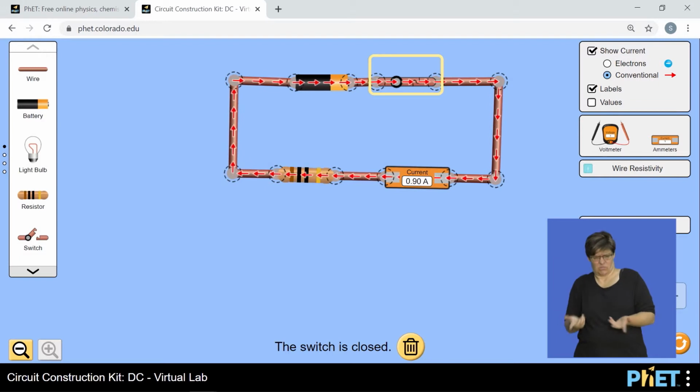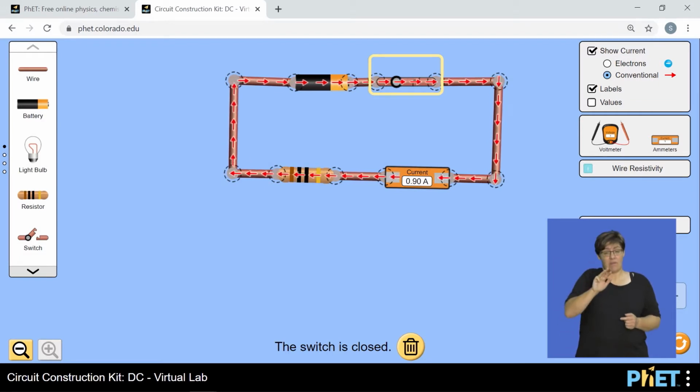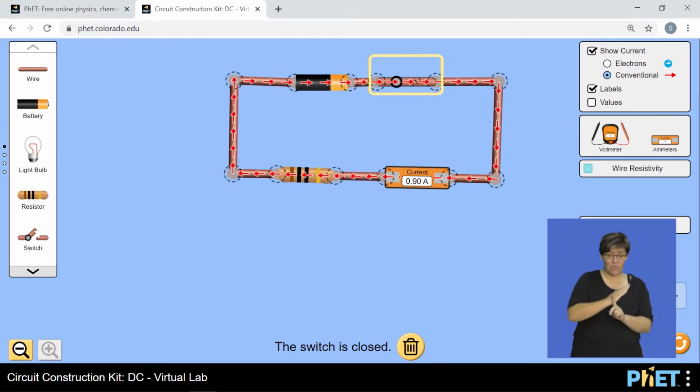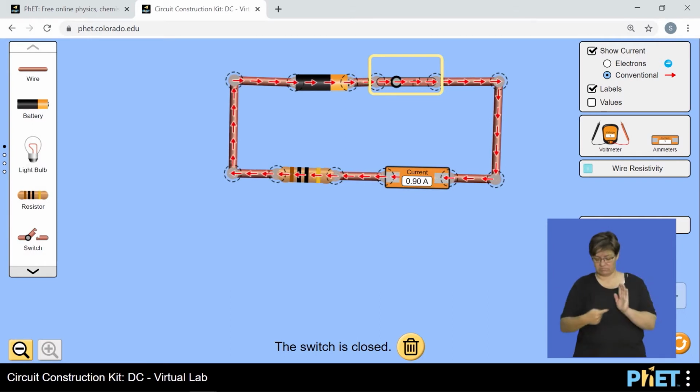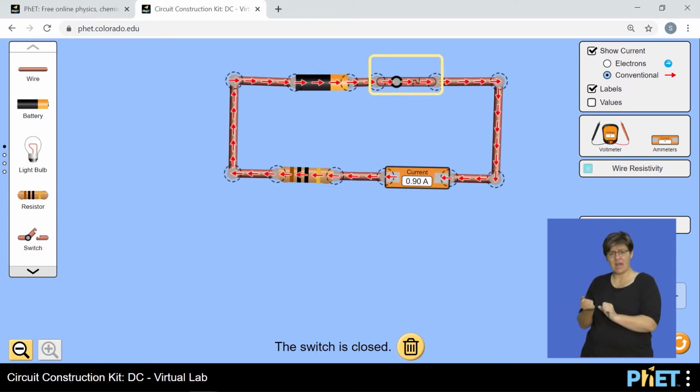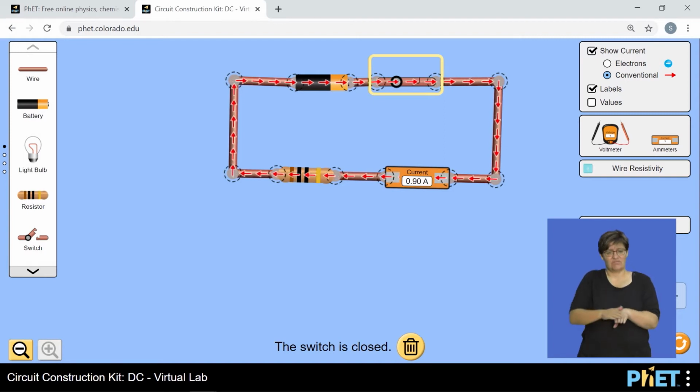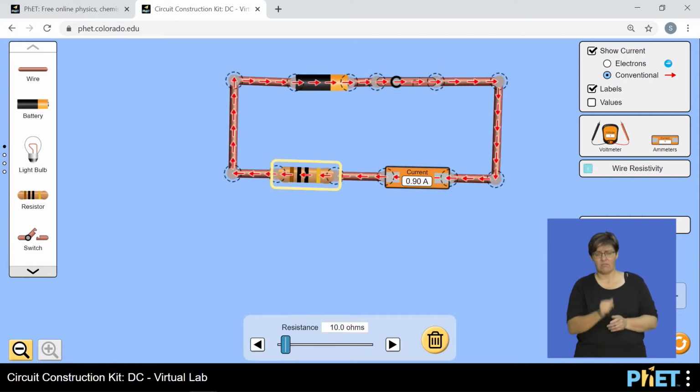It tells us that there is 0.9 coulombs of charge that pass through any point in this circuit, even through the resistor, for every second, right? Now we want to establish how our resistance affects the flow of charge, which is the current. Now let's adjust the resistance of this resistor and make it, let's say, double, and see how the rate of flow is affected, which would also be reflected in the current reading, okay?